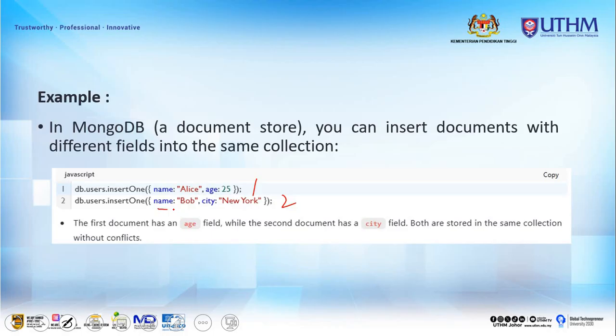Here the name is the same, but the second field differs: one is age, one is city. The first document has age, and the second document has a city field. Both are stored in the same collection without any conflicts. This is what we call flexibility when it comes to NoSQL.